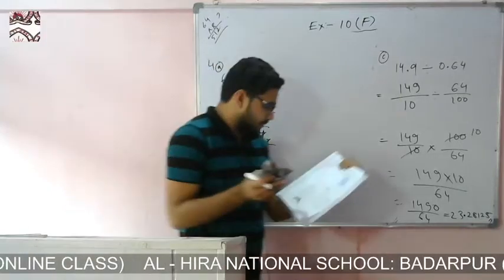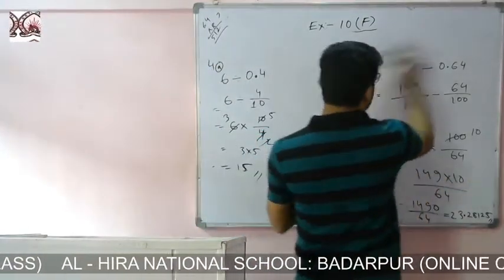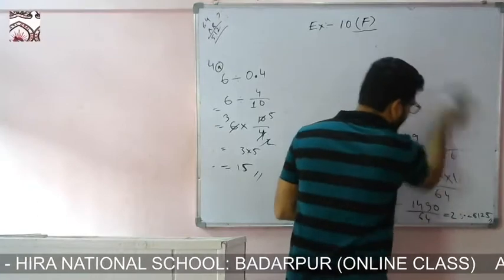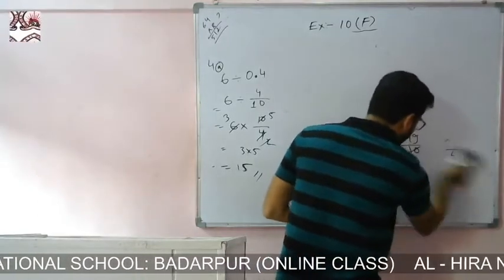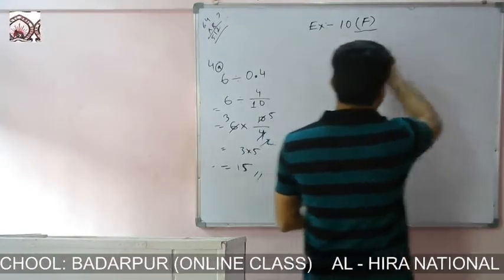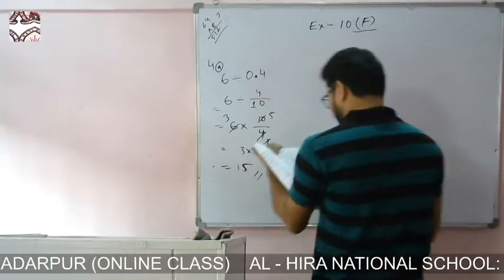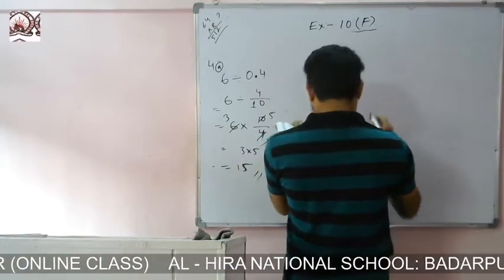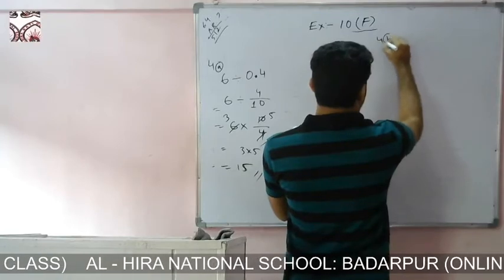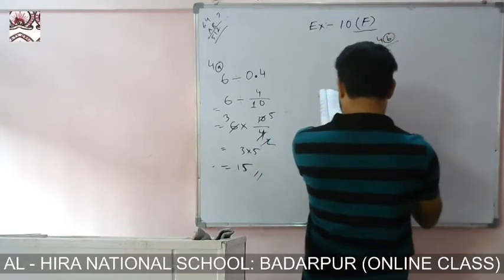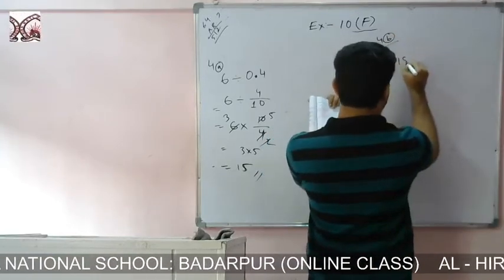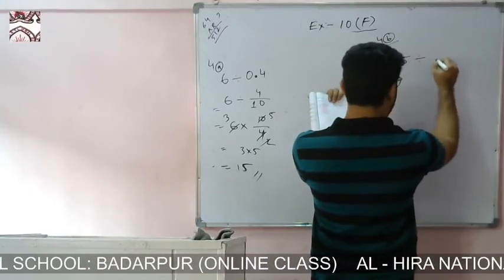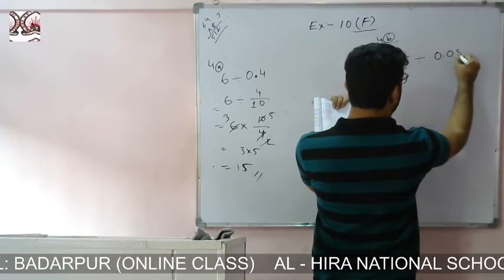Okay, now come to question number 4B. 4B, what we are getting? 15 divided by 0.05.